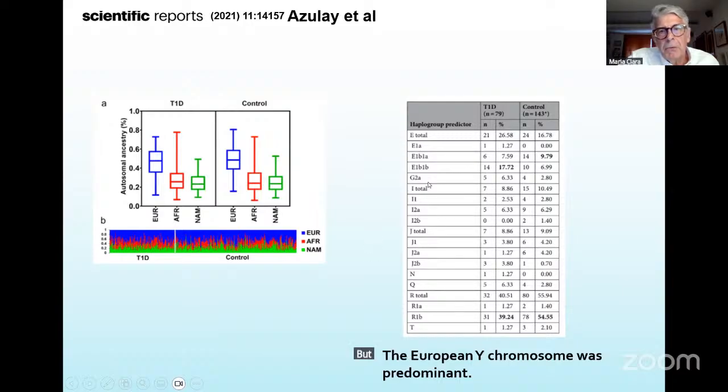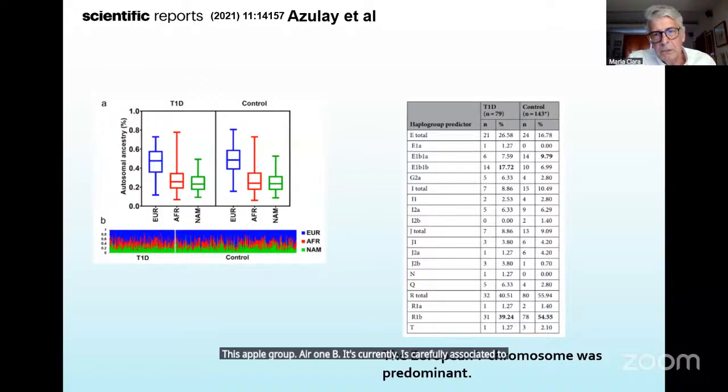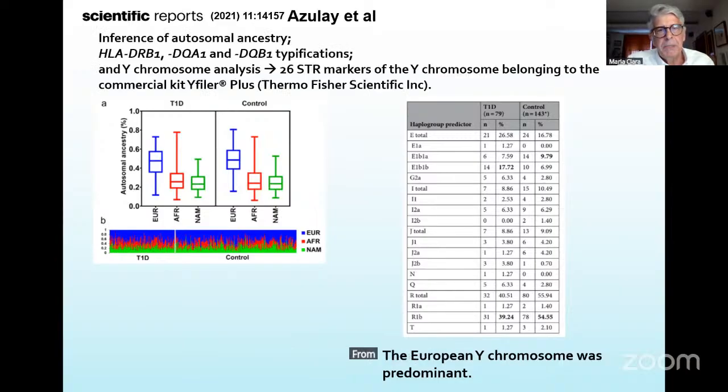But when we went to the chromosome Y haplogroups, this haplogroup R1b is closely associated with European ancestry, so there is a big association between this European ancestry and haplogroups from type 1 diabetes.